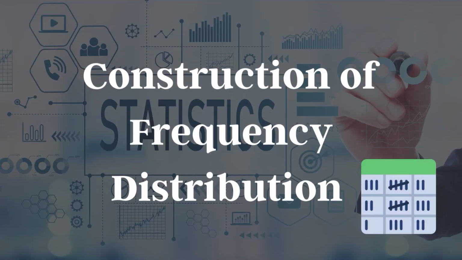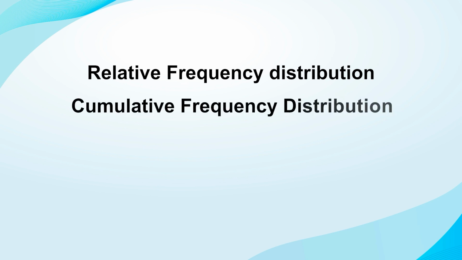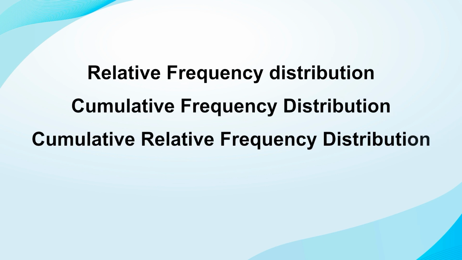Now there are a few important aspects of tabulation, namely the construction of frequency distributions. There are mainly three types: the relative frequency distribution, the cumulative frequency distribution, and the cumulative relative frequency distribution.